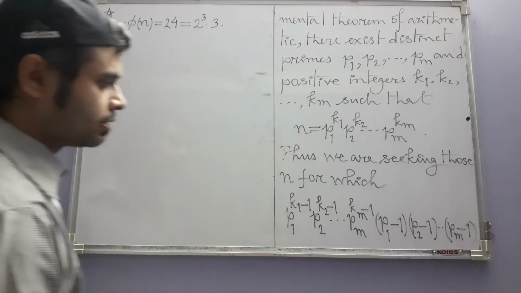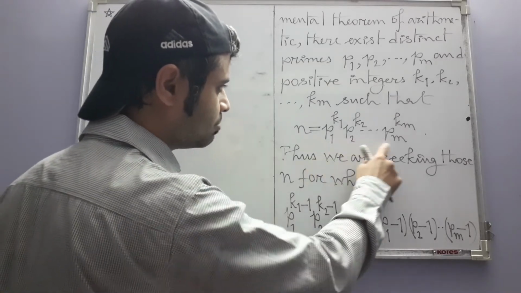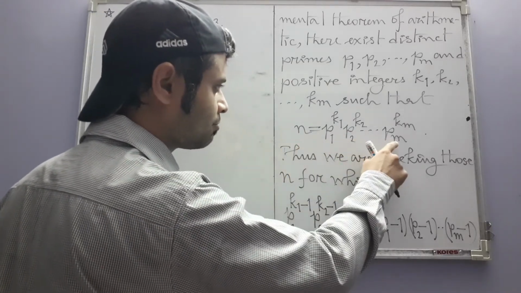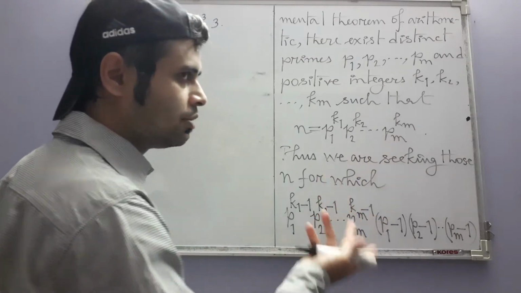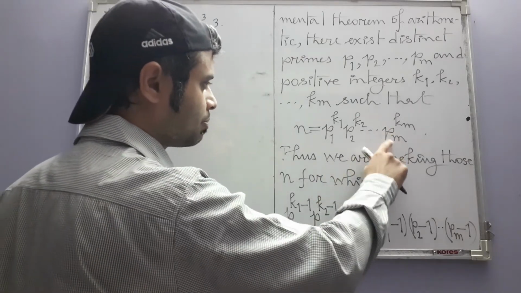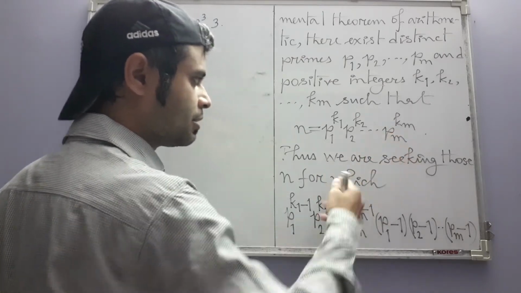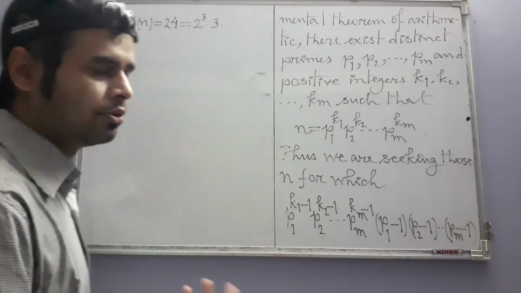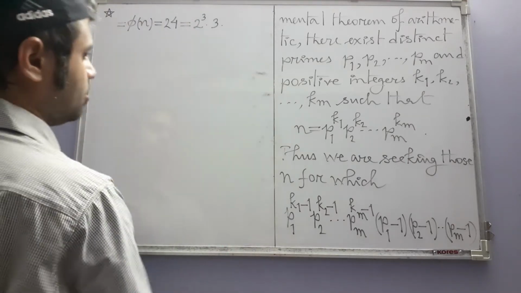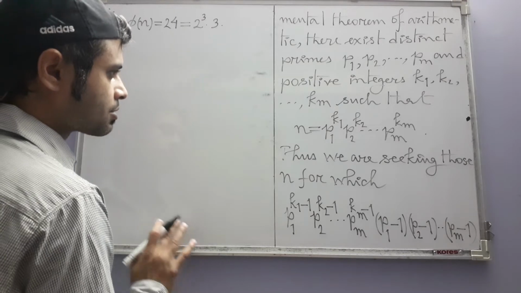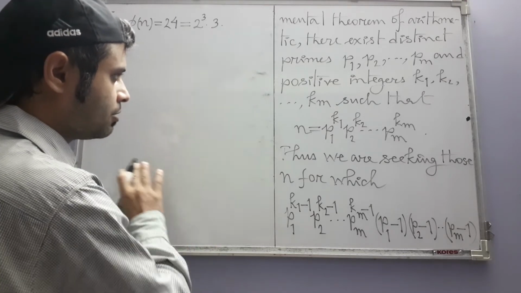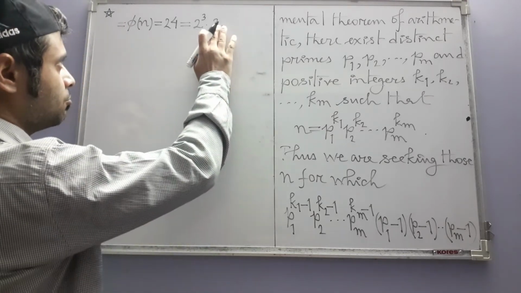Note one more thing, that the number of primes involved in the prime factorization of n is also something we don't know, so we have kept that as some positive integer m which we actually don't know. Okay, so we now start off our number theoretic arguments with this 3.